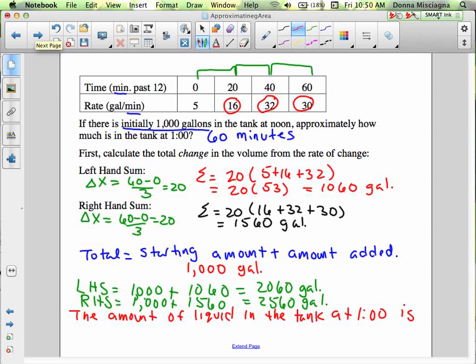At 1 o'clock is, I'm going to put approximately, because we know this is an approximation. We got two different answers here even. It's not a bad idea to put approximately for the Riemann sums. Approximately 2,060 gallons, and I'm going to put in parentheses using a left-hand Riemann sum. I need a little bit more space.